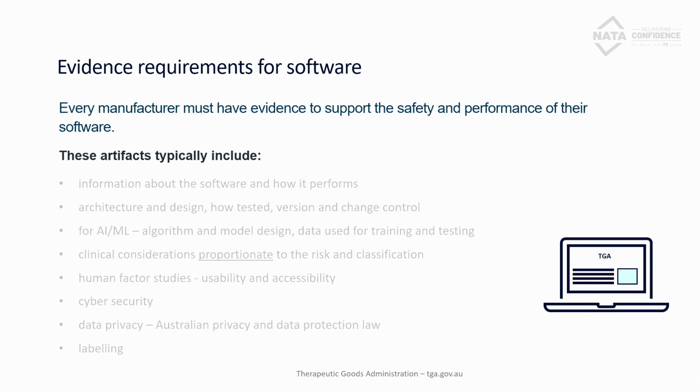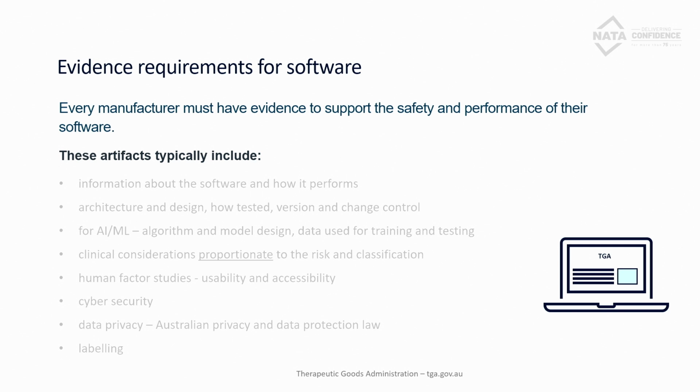So for products that are Class 2A or 2B or a Class 3 medical device, or Class 2 to Class 4 IVDs, the manufacturer must have QMS certification. So the Quality Management System certification issued by a third-party conformity assessment body or by the TGA, and also evidence of compliance with the essential principles.